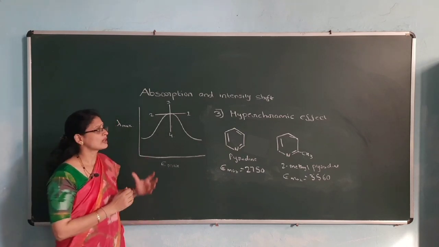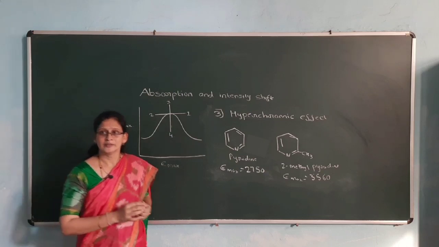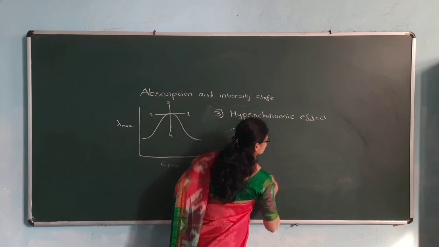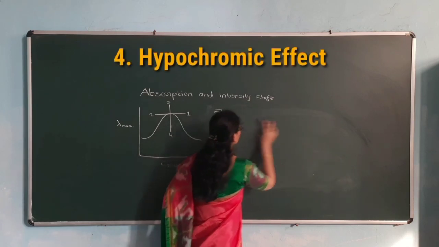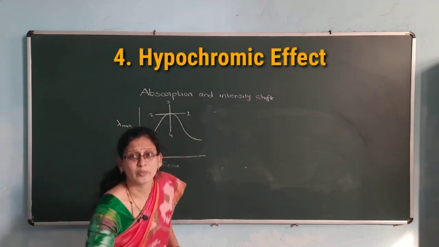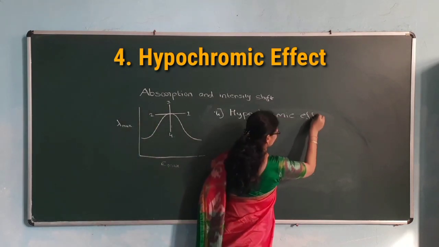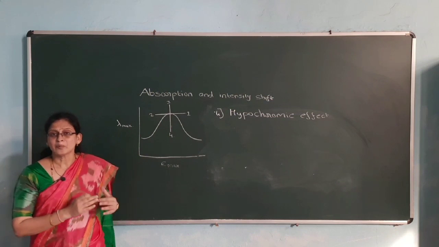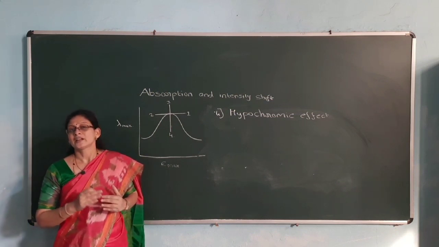That effect we call hyperchromic effect. The fourth one is hypochromic effect. It is an effect in which the intensity of absorption decreases. See the difference: hyper, the intensity of absorption increases, and hypo, the intensity of absorption decreases.